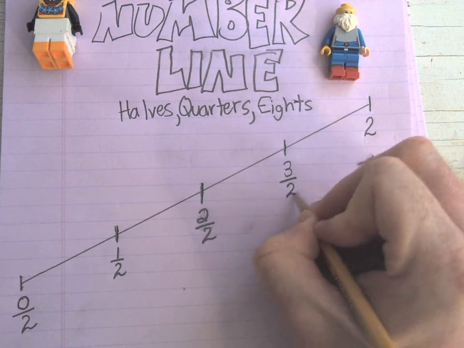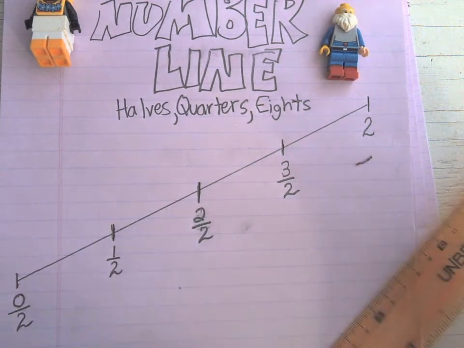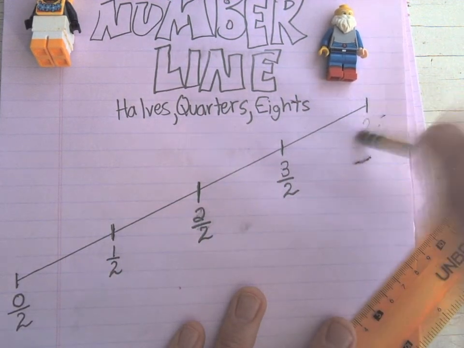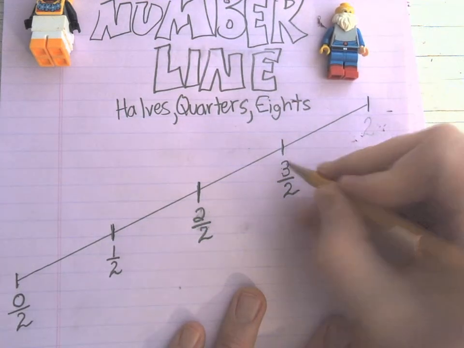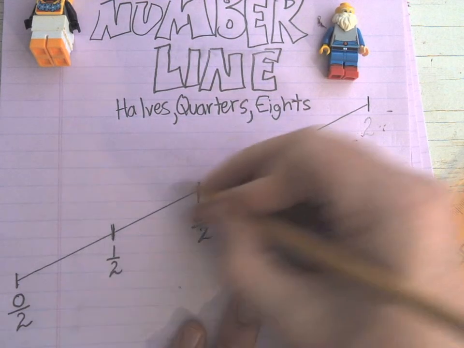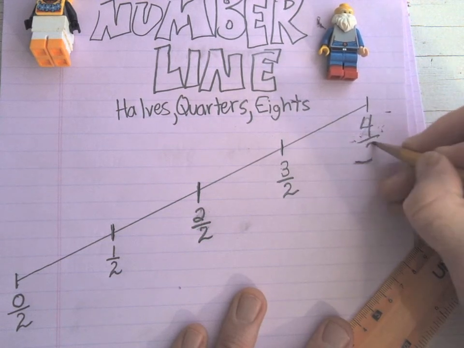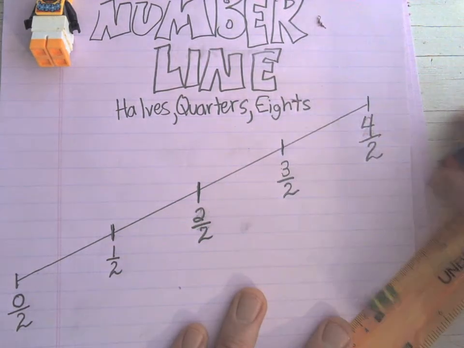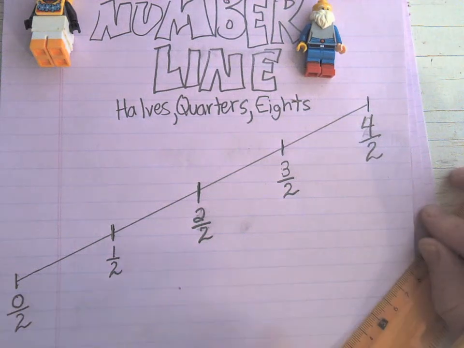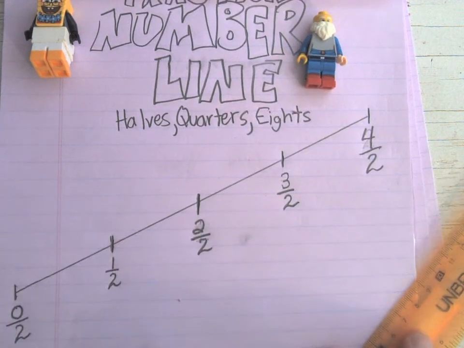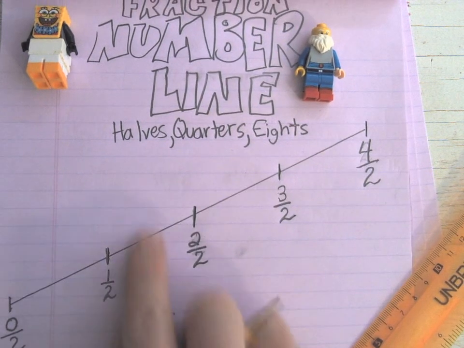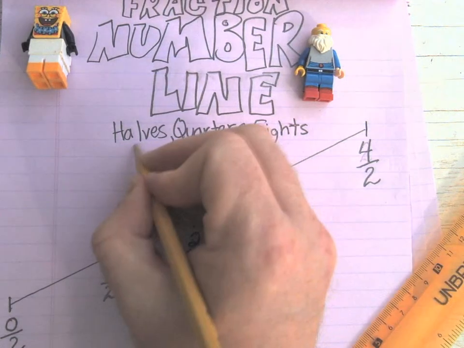So 3 over 2. And if I go up another half, 1, 2, 3, and 4, I should have 4 halves. Sorry, Santa. All right. So this number line now indicates where our halves are.